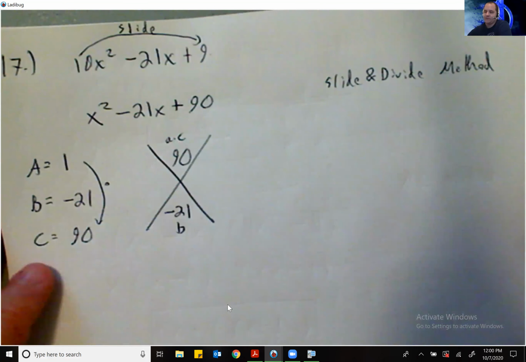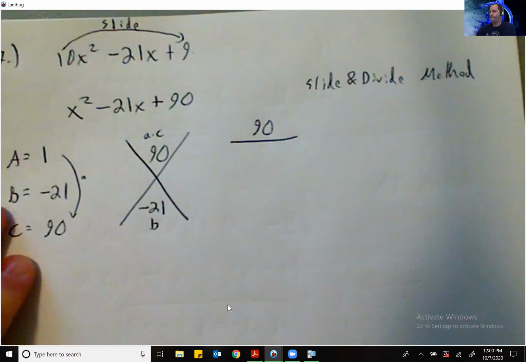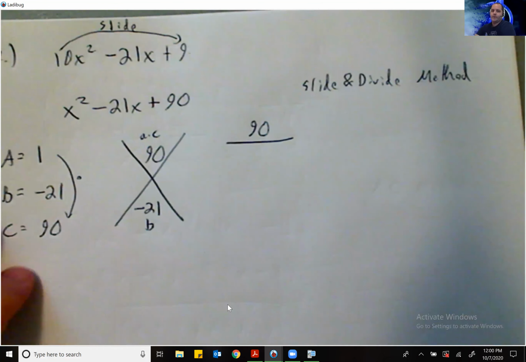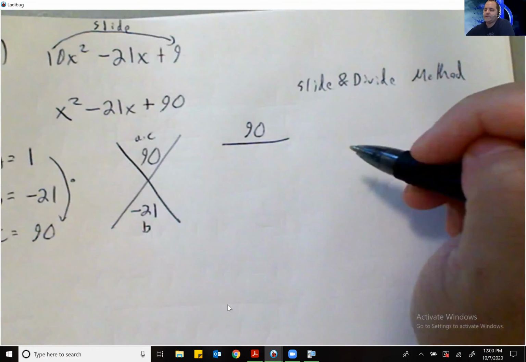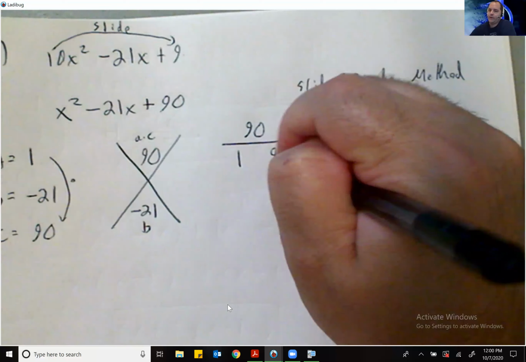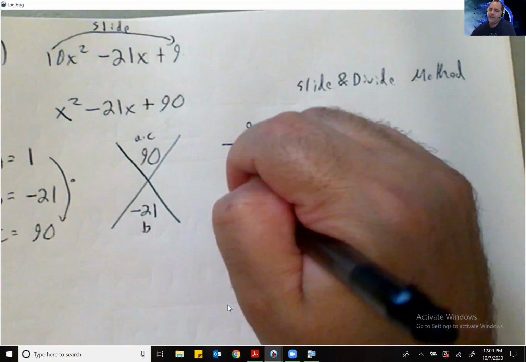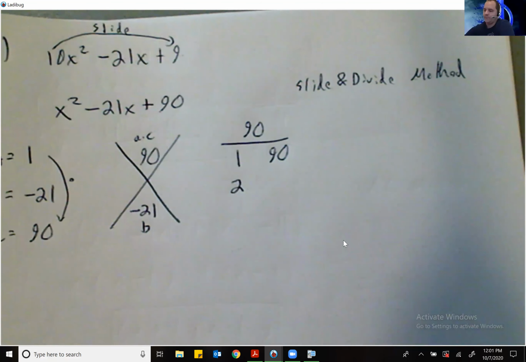So let's look at the factors of 90. What times what gives me 90? 10 times 9. Let's start at the beginning, though. Start me easy. 1 times what? 90. Can I multiply something by 2 to get 90? 2 times 45.